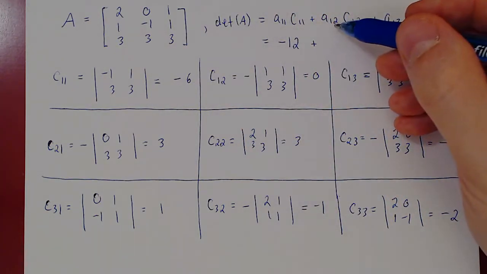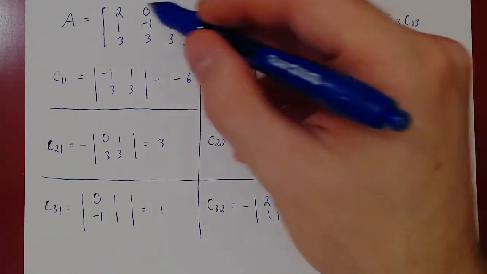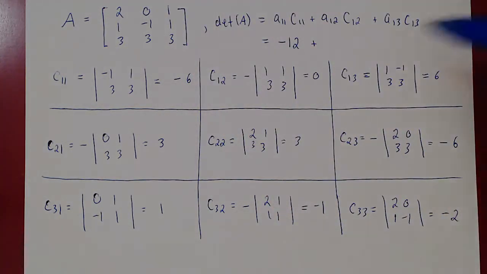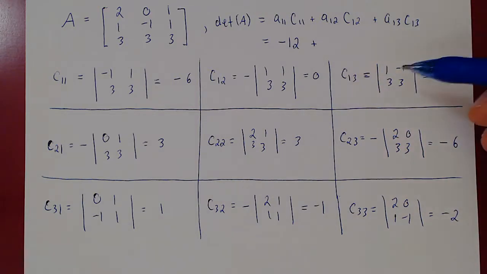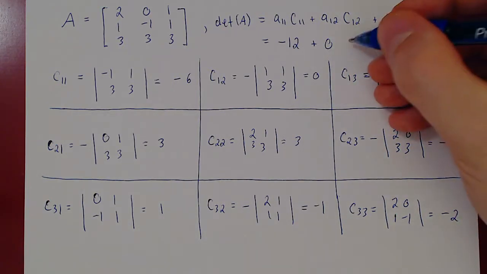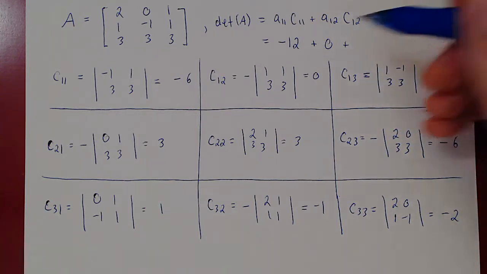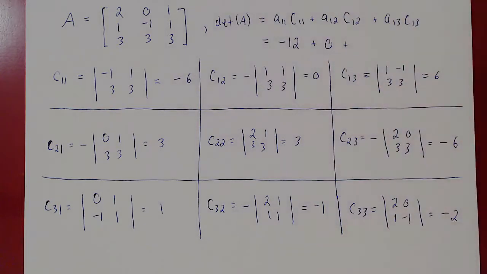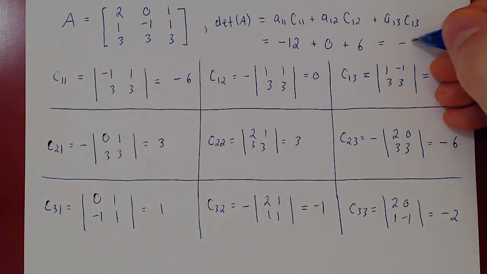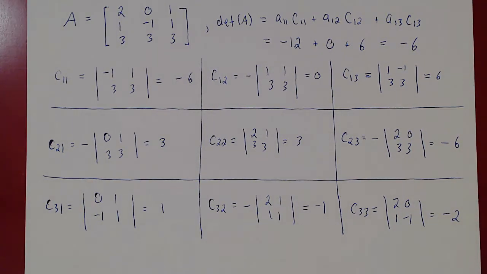Plus A12 times C12. Well, A12 happens to be 0 times 0. That's kind of funny, but that's 0. Plus A13 times C13. Well, A13 is 1 times C13, which is 6. 1 times 6 is 6. And all we have in the end is negative 6. And now we have the determinant of A.